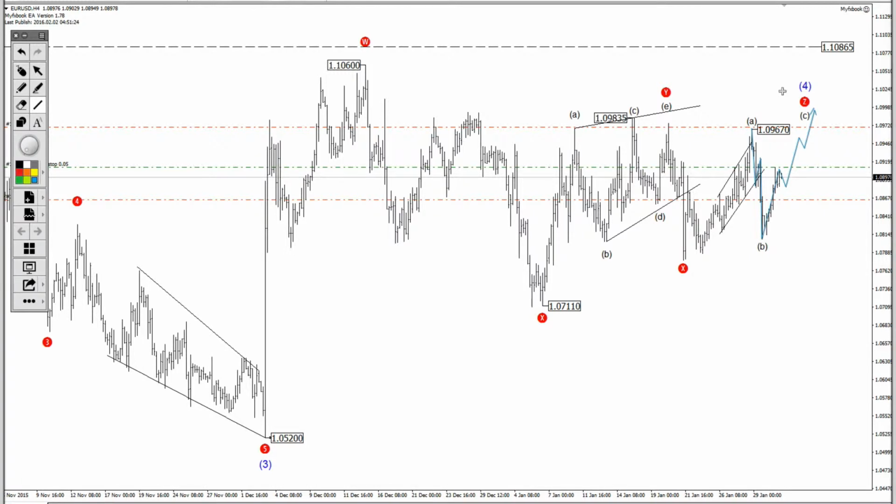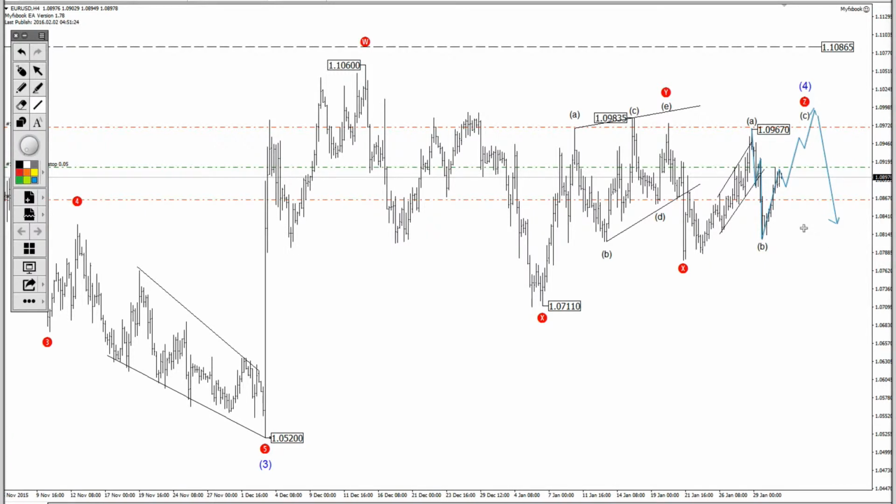After we have completed this correction, then we can expect the next impulsive wave down. And like I have talked before, new short-term lows below 107.1, below mid-term lows 105.2, and even below long-term lows, which is at the moment 104.6.